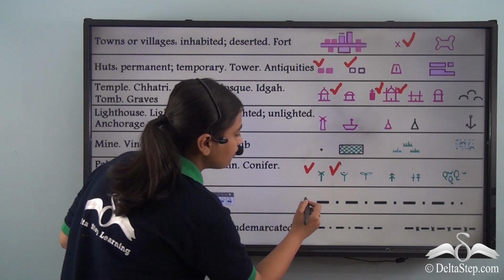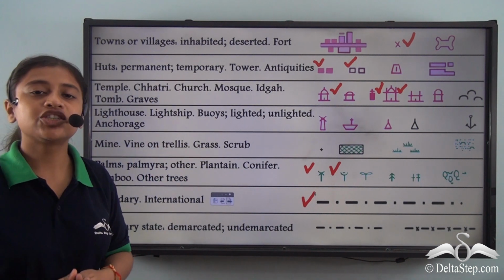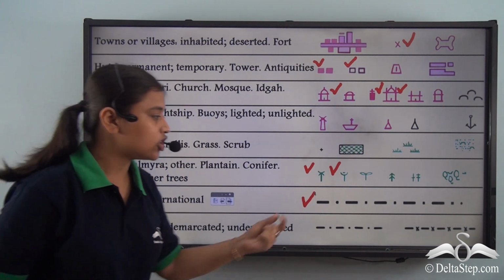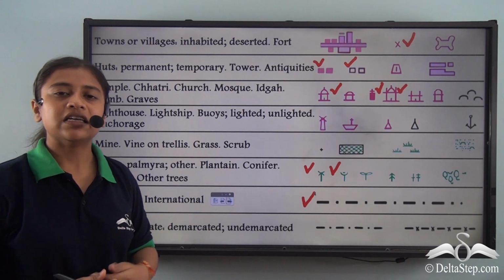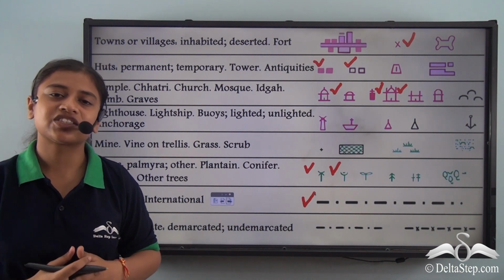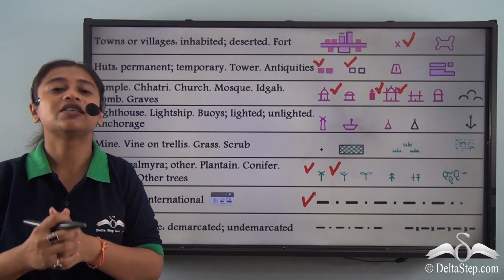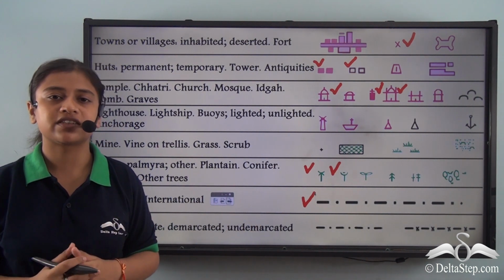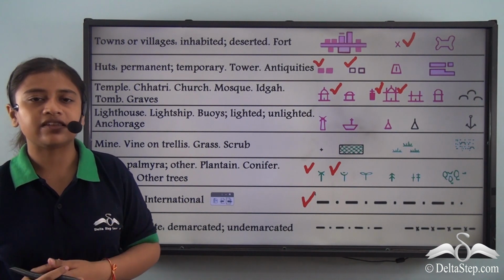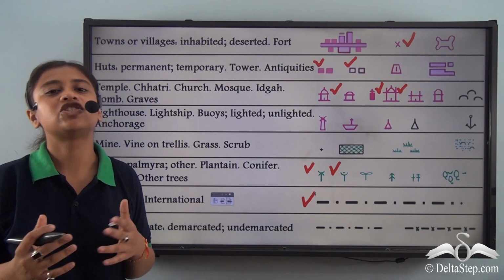We also have such bold lines with dots in between them. Such lines indicate international boundaries. So you see, these conventional signs and symbols help us point out some very important physical features, or rather all the physical features that might exist in any given geographical area.